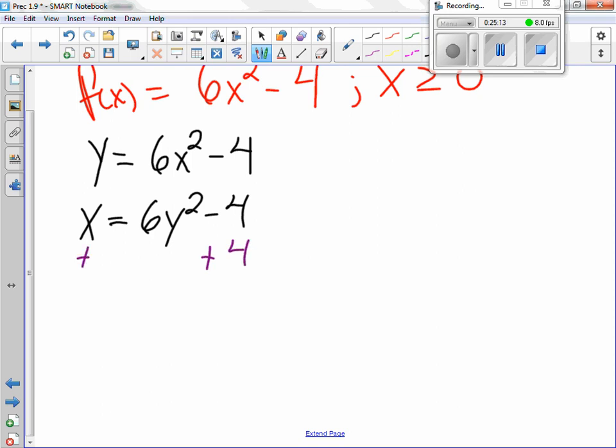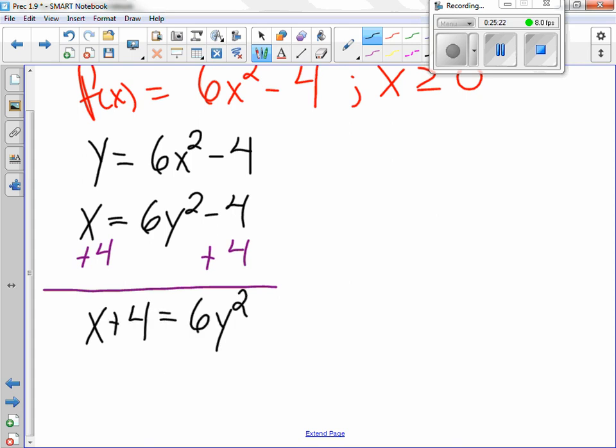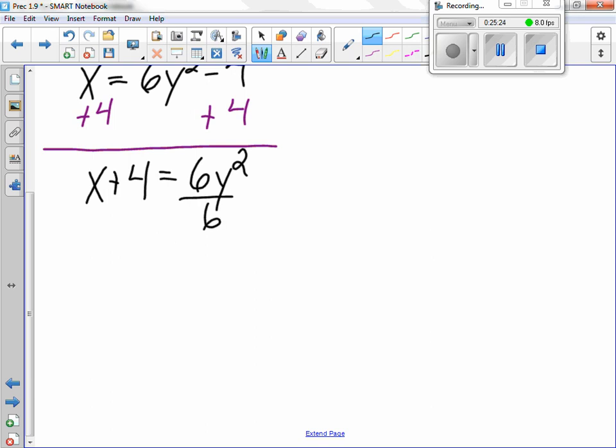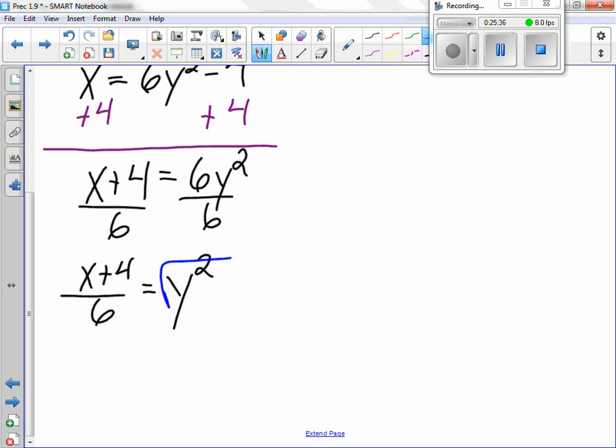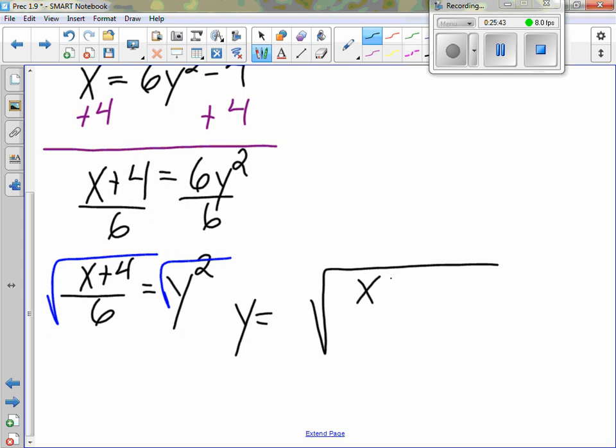We would add 4 to both sides. Plus 4 over 6, and then we square root. So y is equal to the square root of x plus 4 over 6.